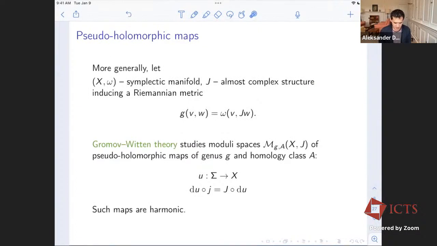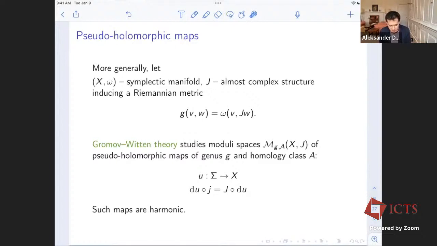So let (X, omega) be a symplectic manifold, and we can always find an almost complex structure on this symplectic manifold which is compatible with the symplectic form, in the sense that the contraction of the symplectic form with this almost complex structure defines a Riemannian metric. Such a triple we call a symplectic manifold with a compatible almost complex structure.